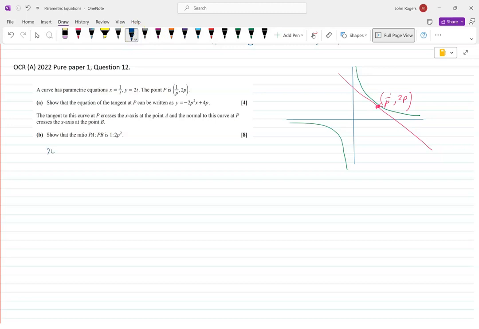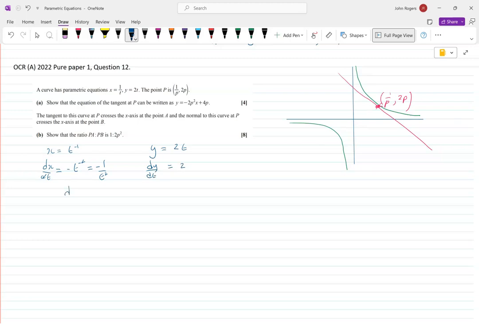We've got x equals 1 over t, or t to the minus 1, which gives us dx by dt equals minus t to the minus 2, or minus 1 over t squared. y equals 2t, so dy by dt is equal to 2.